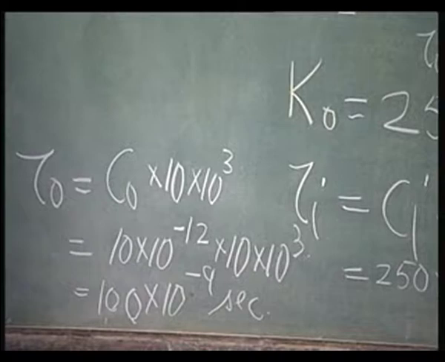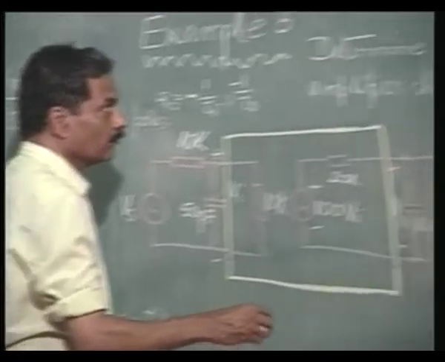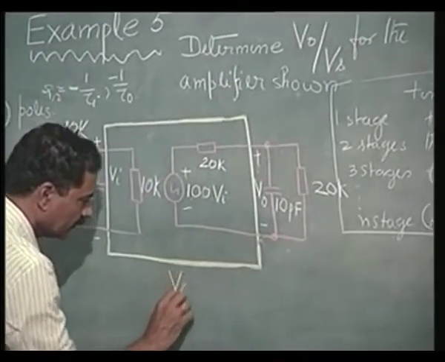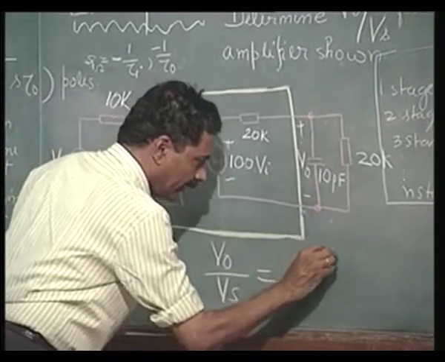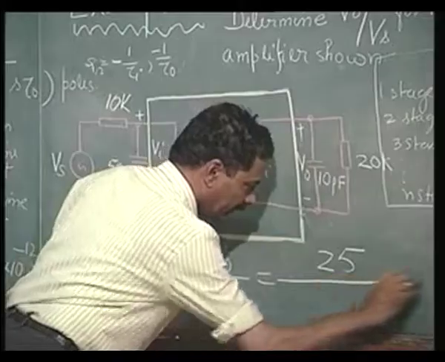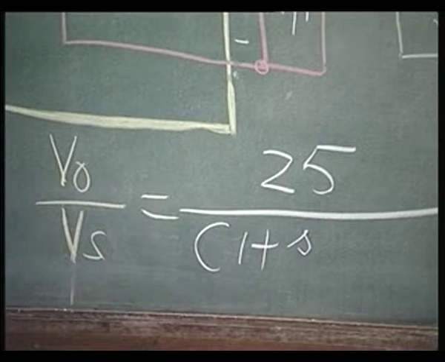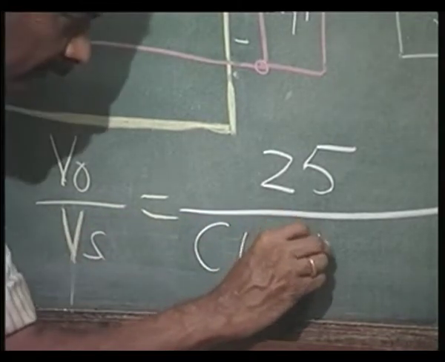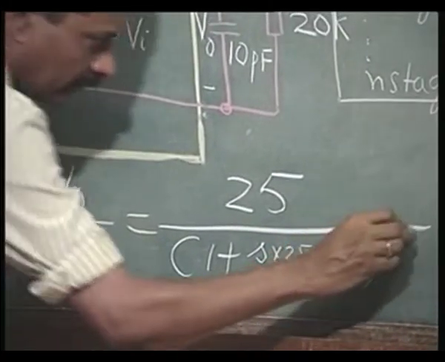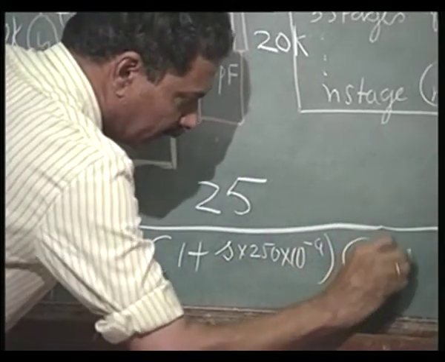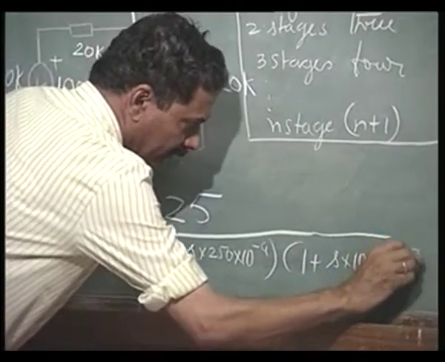So, I can write down the transfer function V naught over Vs as 25 divided by 1 plus S into 250 nanoseconds, times 1 plus S into 100 nanoseconds.